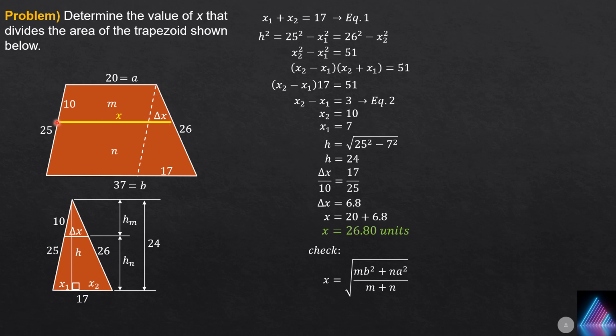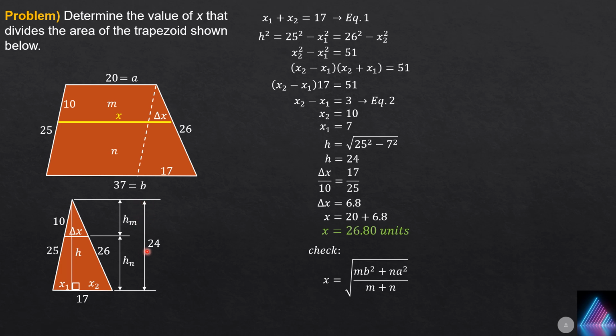The area of the parallelogram is simply 20 times this height HM here, while the area of the triangle can be solved by similar triangles again, by computing the height of this smaller triangle, H sub M, and we already obtained the height of the trapezoid, which is also the height of this triangle here, which is 24.